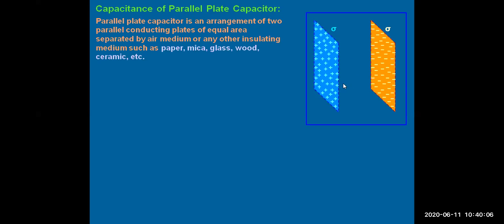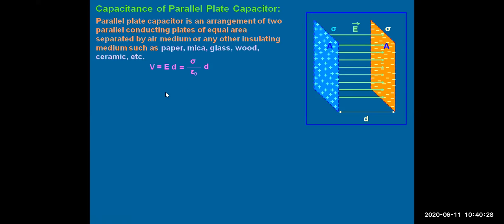Plate 2 is having only negative charges. So surface density here will be plus sigma, and for the second plate will be minus sigma. And area of cross section is capital A. They are separated by a distance of D. And you can see the electric field is denoted by the symbol capital E.